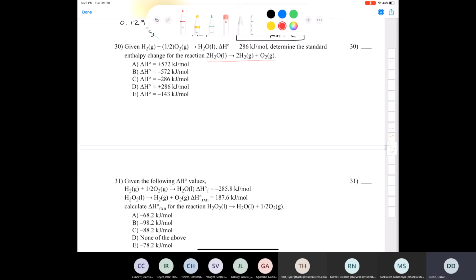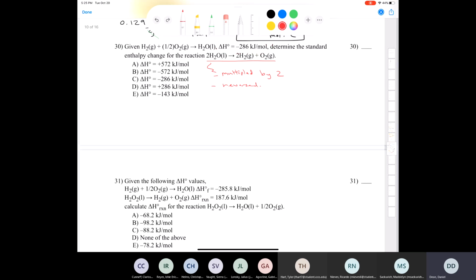Well, what are we doing here? We've done 2 things, okay? This equation is the original that has been multiplied by 2, and it has been reversed.